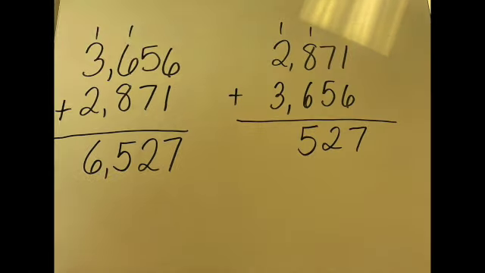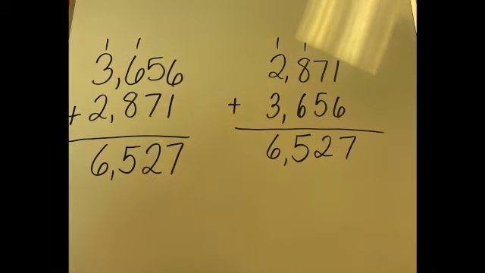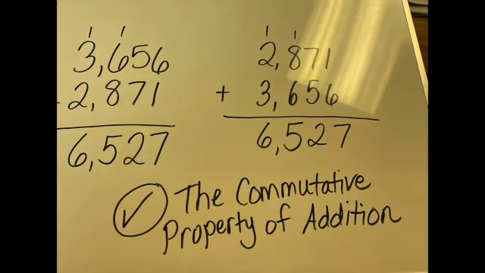So our 5 goes down, and our 1 from our tens goes up over to the next place value. We have 1 plus 2 plus 3, and that gets us 6. So we have 6,527. Oh my goodness, that is the same answer. So that proves to you that the commutative property of addition always works. No matter what order those addends are in, we get the same sum.